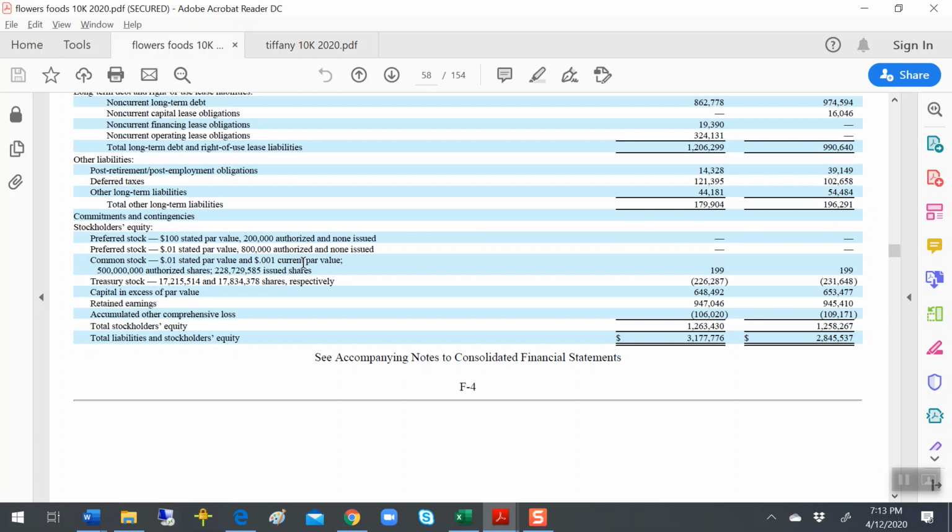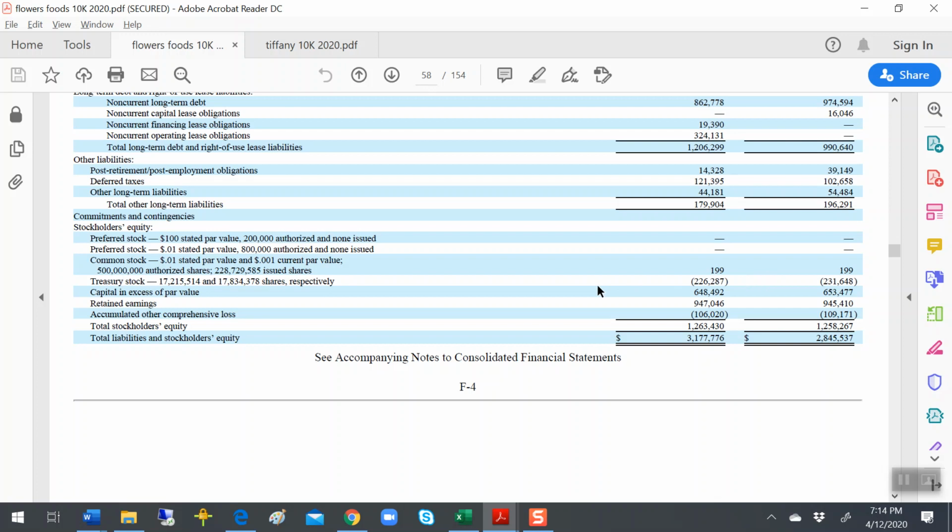Common stock, dollar sign 0.01, that means a penny stated par value and a tenth of a penny current par value. That just means nothing. So when they report common stock, they're reporting $199,000.